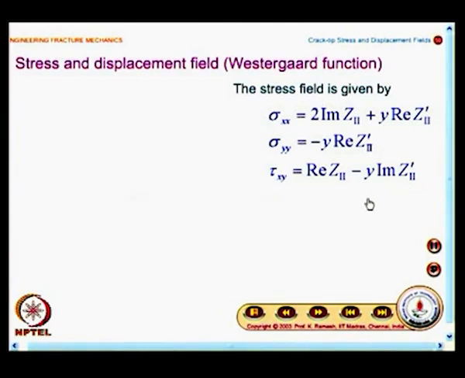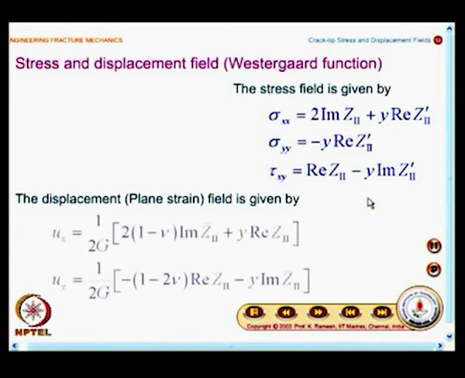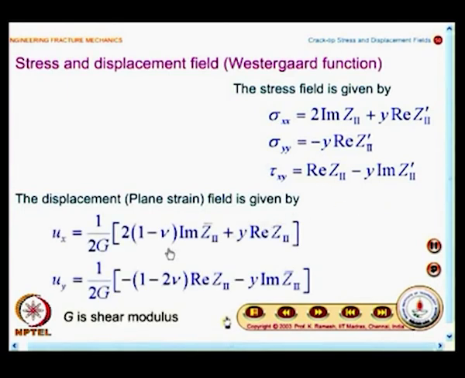The next one is the displacement field, and this is given for the plane strain situation.